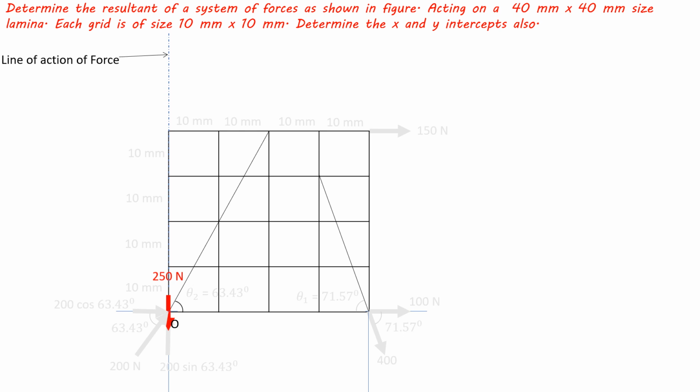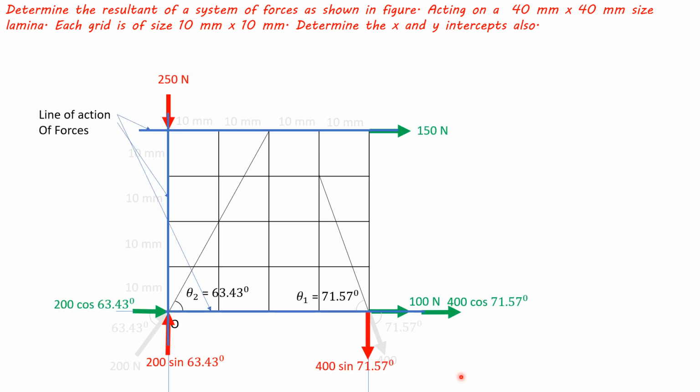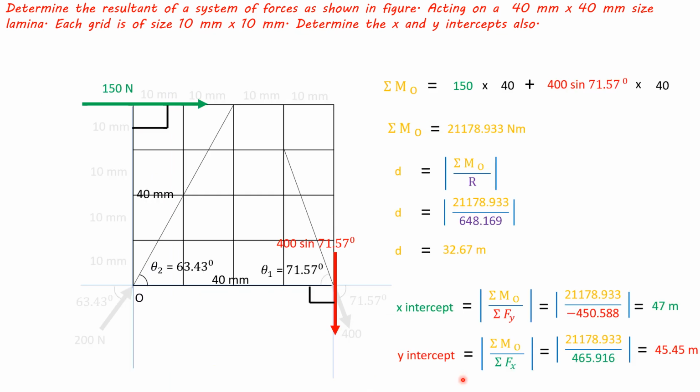So it will have 0 perpendicular distance about point O. So 250 Newton force will have 0 moment about point O. So calculating all moments, we got only this force, and this force will be having moments about point O. Other force components, they will pass through point O, so their moment will be 0 about point O.